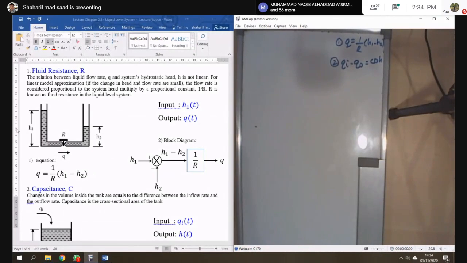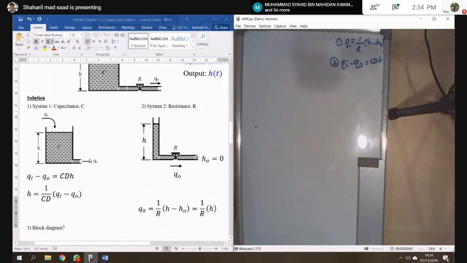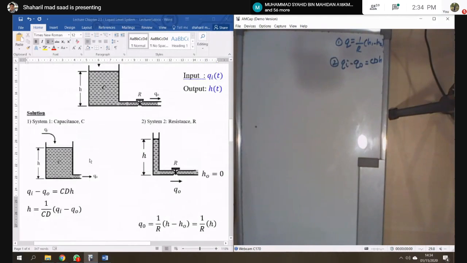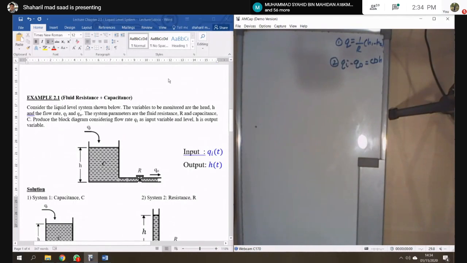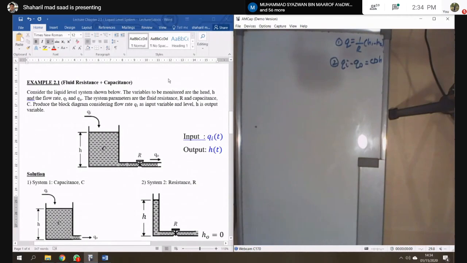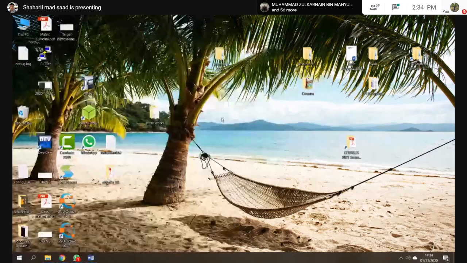So let's look at one or two examples. Let's look at example 2.1 here. Consider the liquid level system shown below.